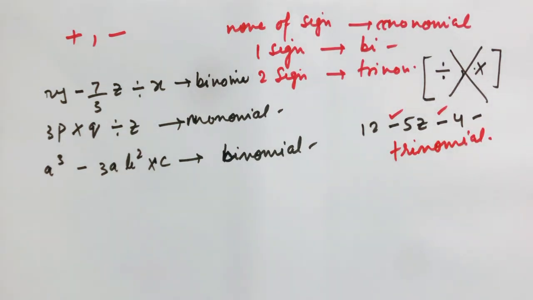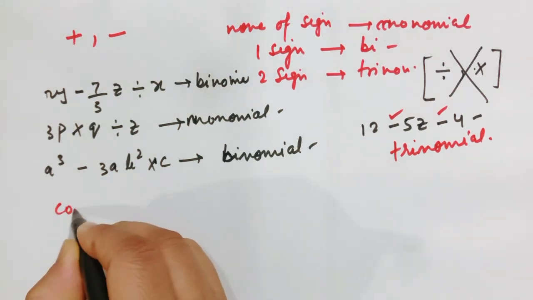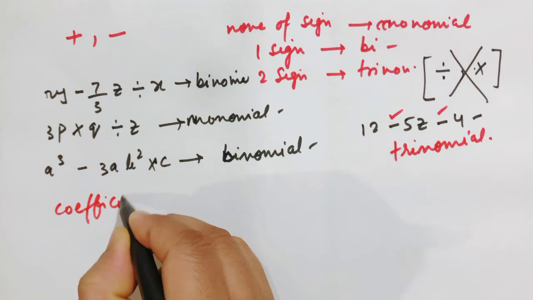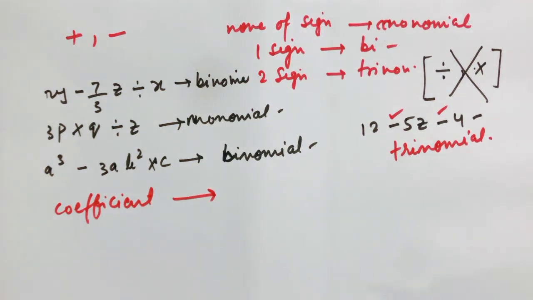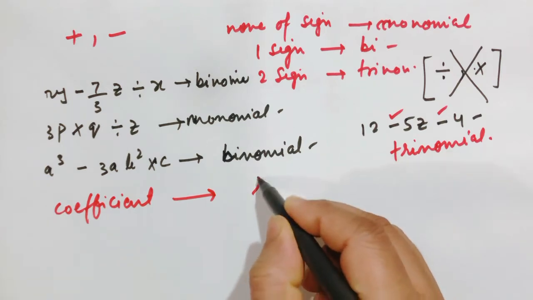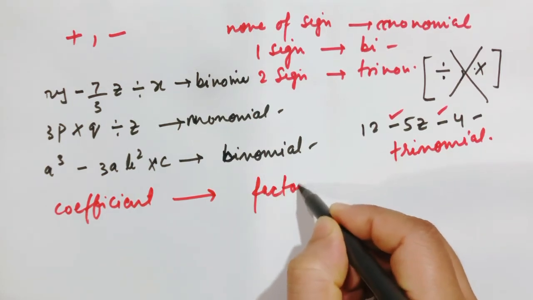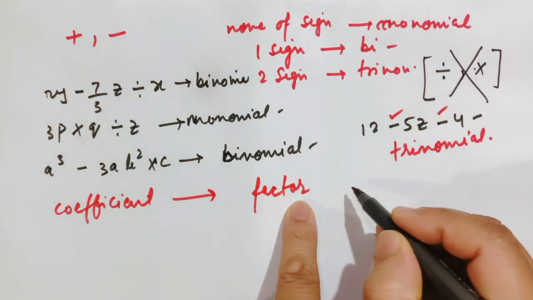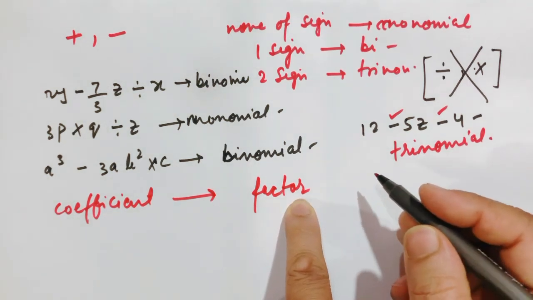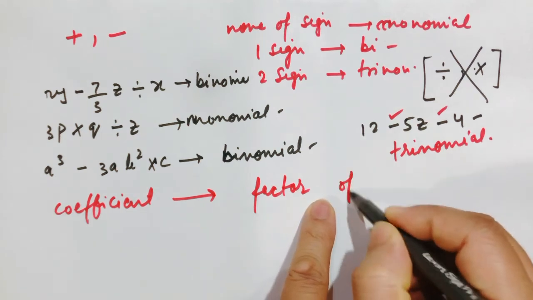Now let us move on to the word coefficient. Coefficient of a term. The coefficient of a term is the factor of a particular variable or a constant.